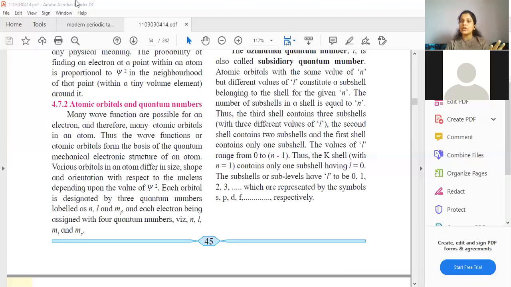For now, I am asking you to mark only what is required. Last time, this is the part I asked you to mark: each orbit is designated by 3 quantum numbers, and each electron is designated by 4 quantum numbers. I think you have already marked this.